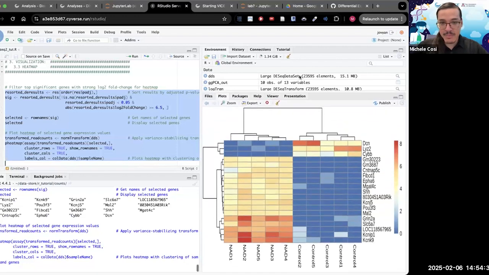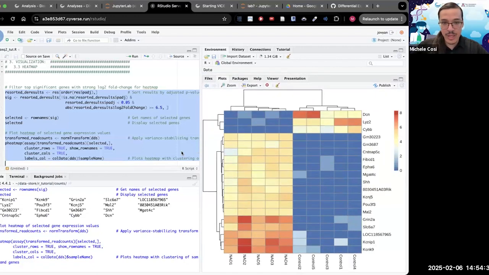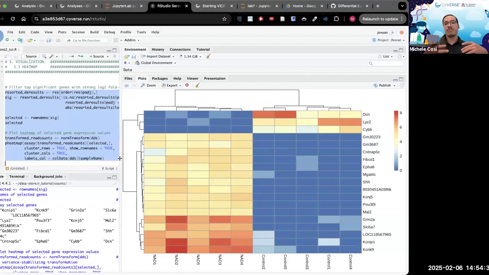And what the heat maps will do is that they will tell you if a specific gene in one of our samples, either control or treatments, is being upregulated or downregulated depending on the treatment or the control.